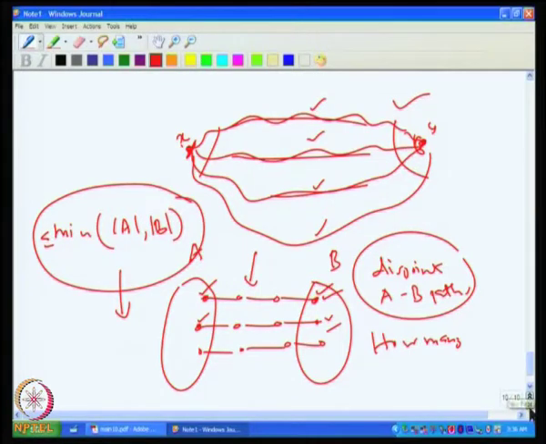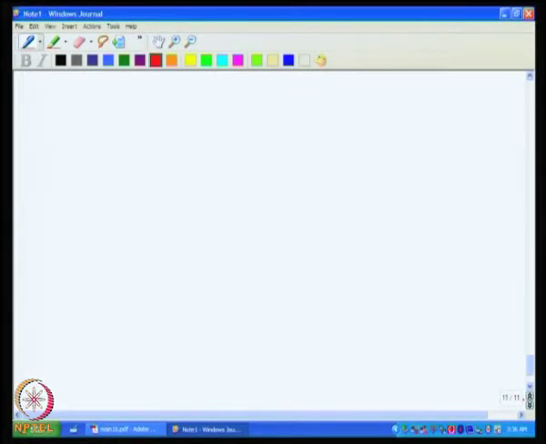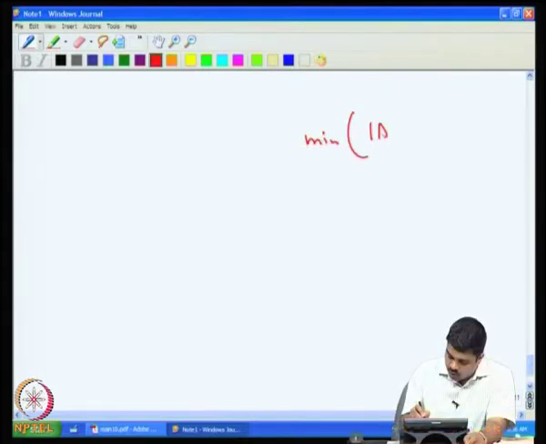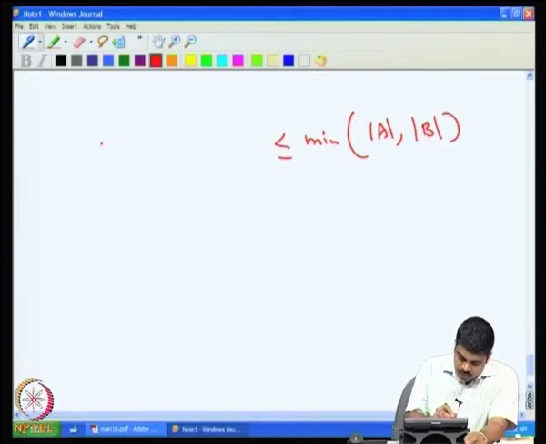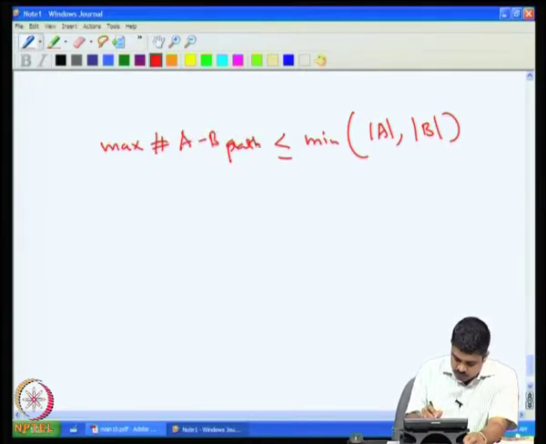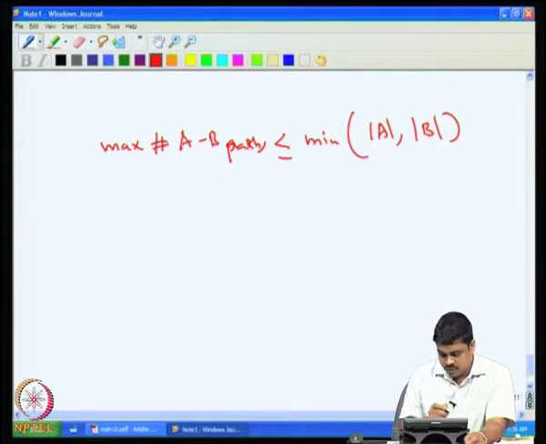As I told, the minimum of the cardinality of A comma B is an upper bound for the maximum number of disjoint AB paths, because each AB path will take away one vertex from A and one vertex from B. So when one of them finishes, we won't get any more.